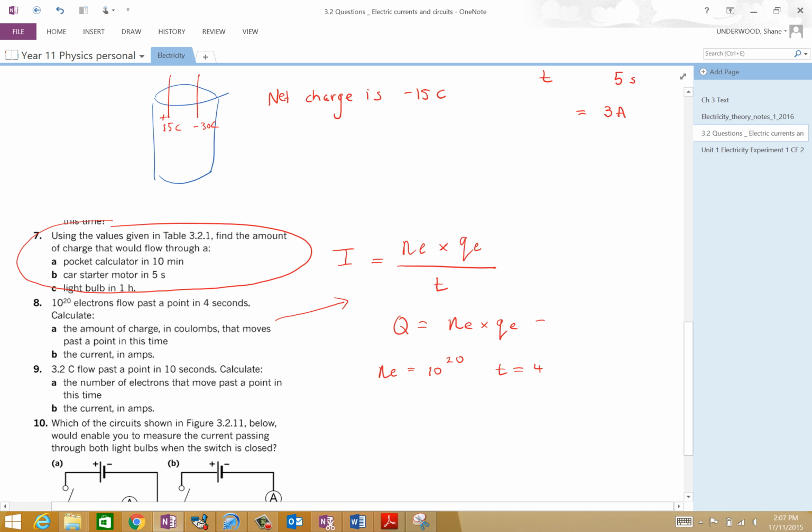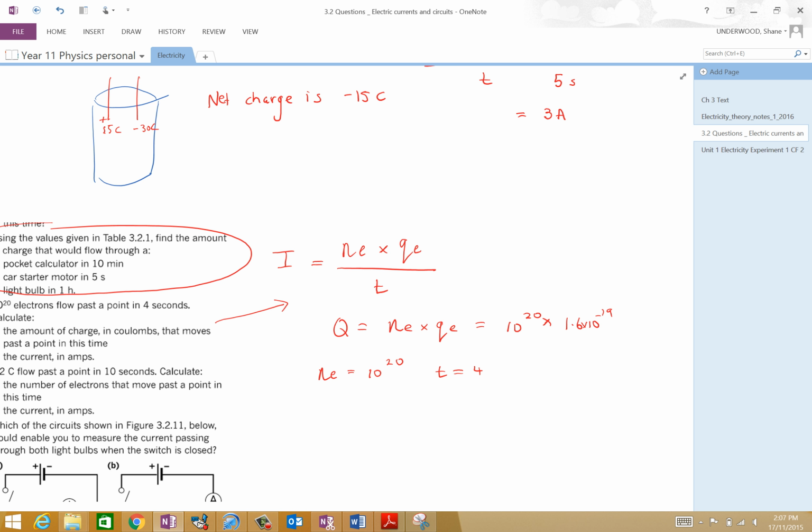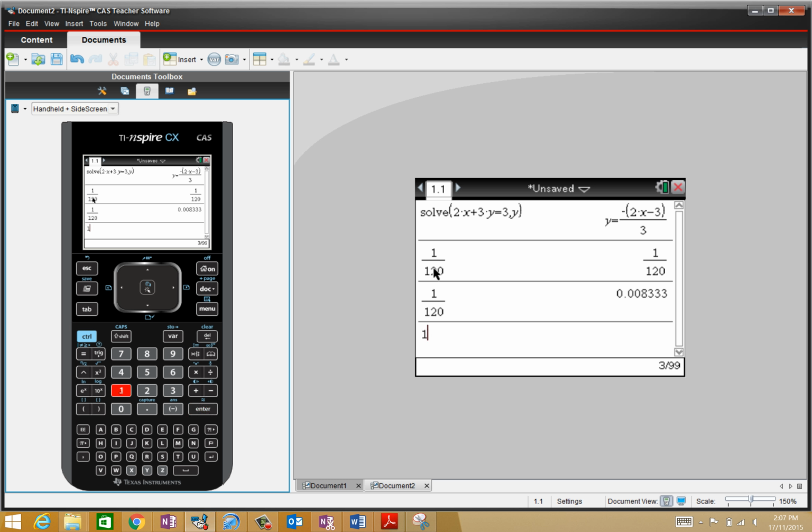We just need to use the number of electrons, which is 10 to the power of 20, times the charge of an electron, which is 1.6 by 10 to the negative 19 coulombs. That's how much charge one electron has. So if I go ahead and do that, 10 to the power of 20 times 1.6 by 10 to the power of negative 19.